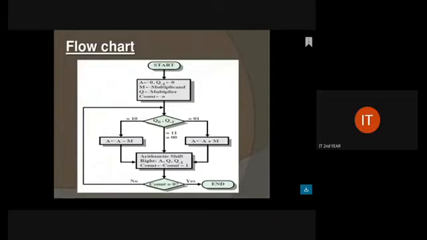When the count value is not equal to 0, we have to do the same procedure until we are getting the count value as 0. This is one of the best techniques for doing multiplication for smaller number of integer values, whether it is a signed integer or unsigned integer, that doesn't matter.